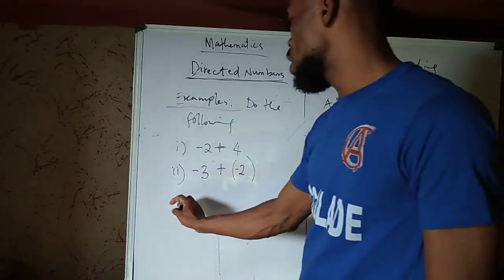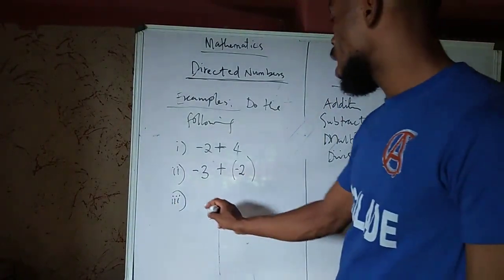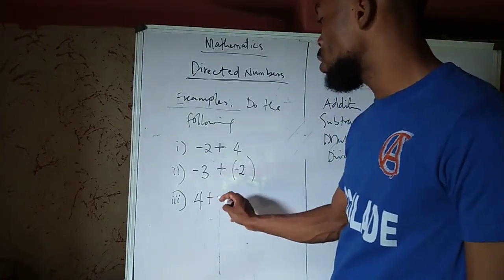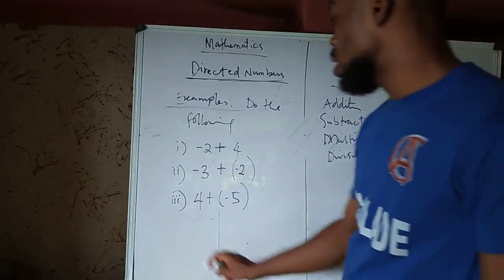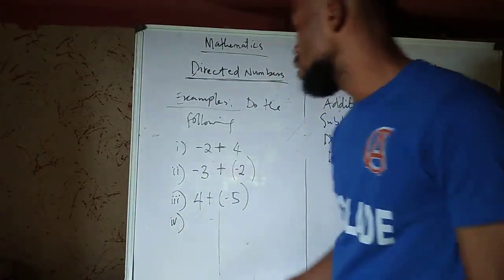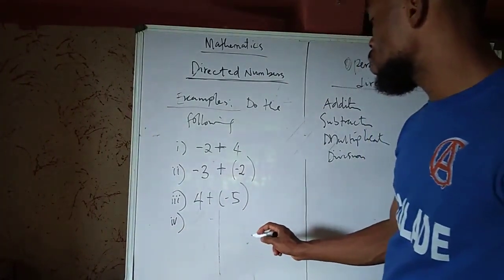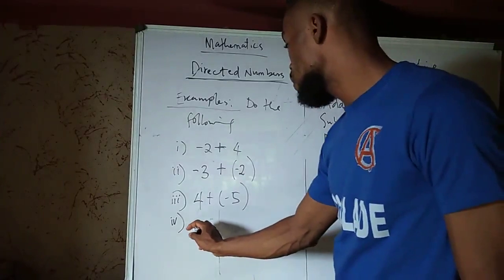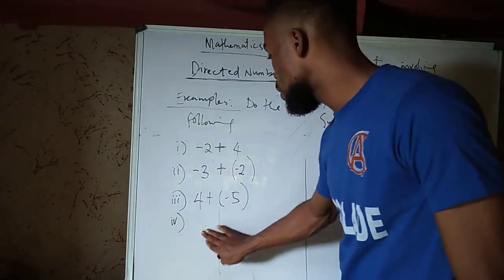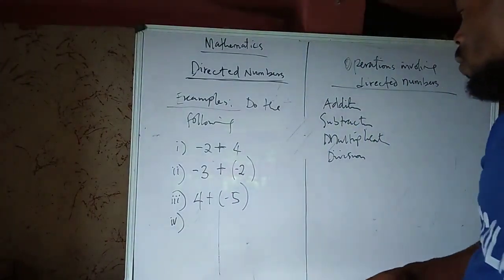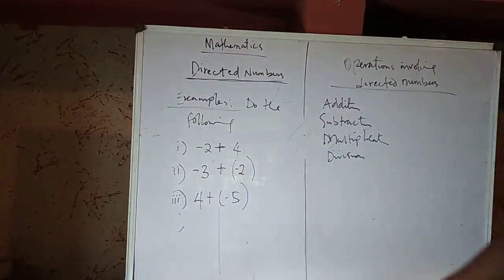Then we also have 4 plus -5, and let's also have -4. I have something like that here. If there is any other, I will let you know as we proceed.